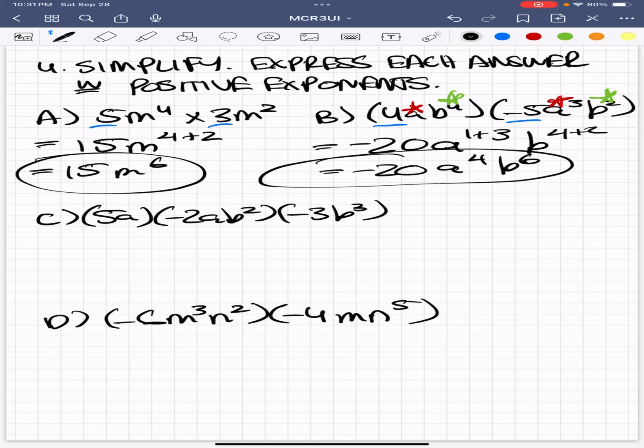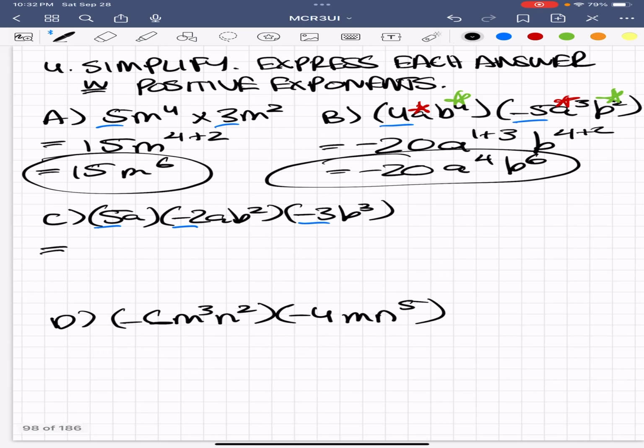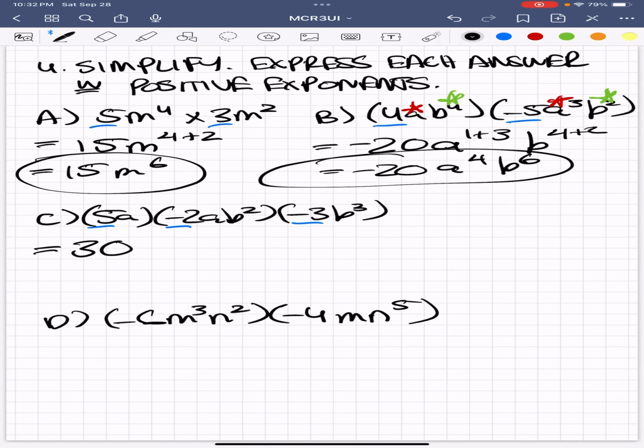Okay, so if we go down here, we have 3 expressions, so 5, -2, and -3. So -2 multiplied by -3 is +6. So 6 times 5 equals 30. And then we have a to the power of 1 and a to the power of 1 as well.